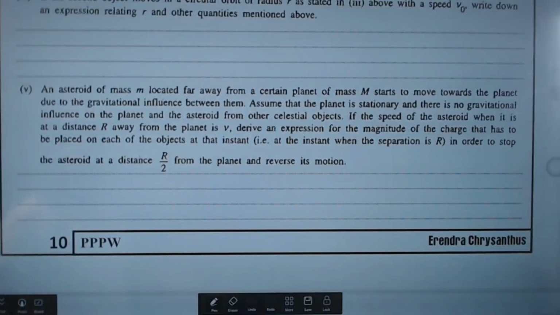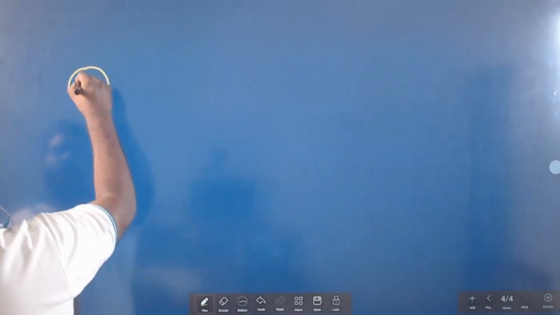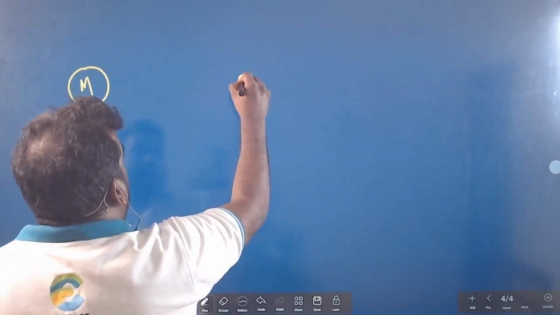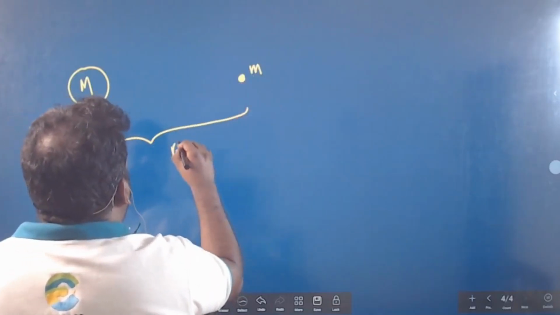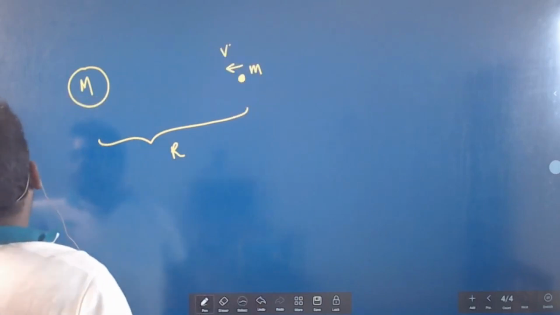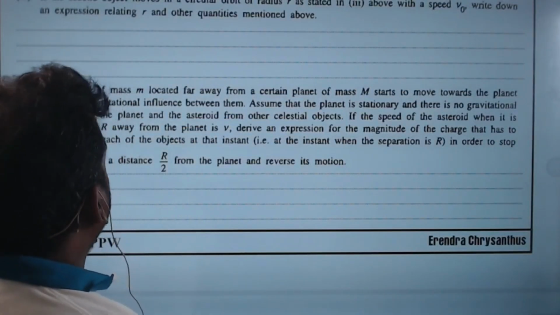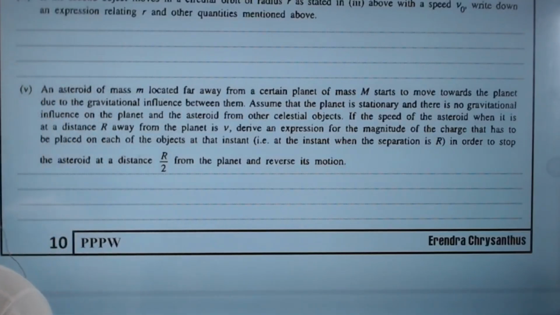So now you can see the problem. There is a planet of mass capital M. There is an asteroid of mass simple m. At a distance capital R, the velocity is v. Right. Now we need to stop it.